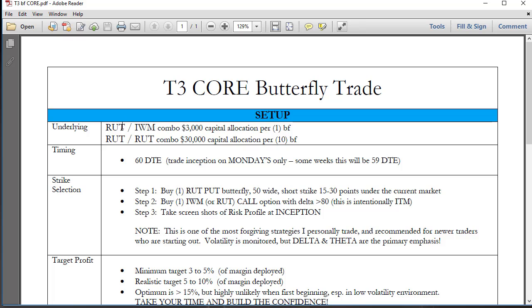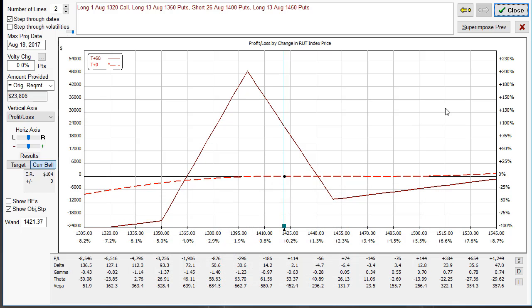For smaller accounts, we need to do the Russell and the IWM. Again, I'm going to spend a great deal of time in the examples below. Each video lesson is going to talk about only one PDF, and we're going to go through extensive back testing to show you how they perform and react with the Russell IWM combo, with the Russell combo, low vol, high vol, changing the days to expiration, all kinds of variances and variables.